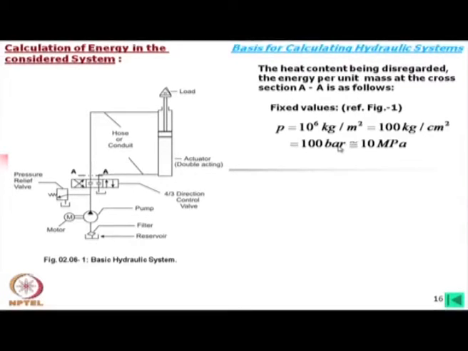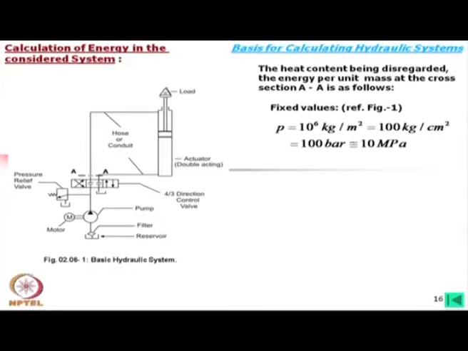If you go to any industry, particularly in the western countries, they still use pressure in bar, whereas in India perhaps, those following the MKS system say kg per centimeter square.